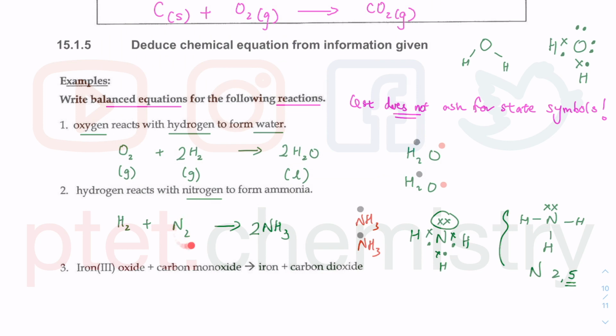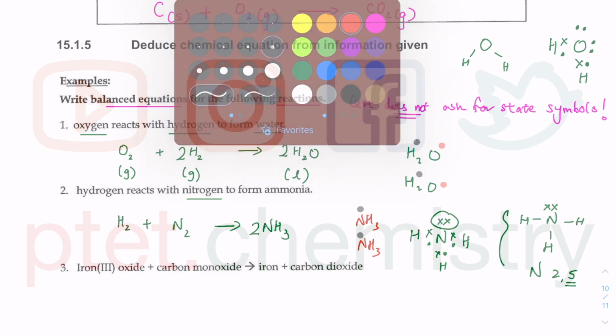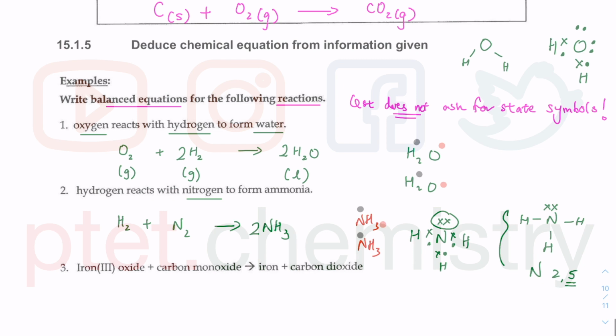To balance out the nitrogen on the left-hand side, 1 times 2, 2 nitrogen; 2 times 1, 2 nitrogen. Happy with the nitrogen? Let's look at the hydrogen. The hydrogen now, you would have 3 hydrogen and 3 hydrogen, or you can imagine 3 times 2, which means 6 hydrogen.